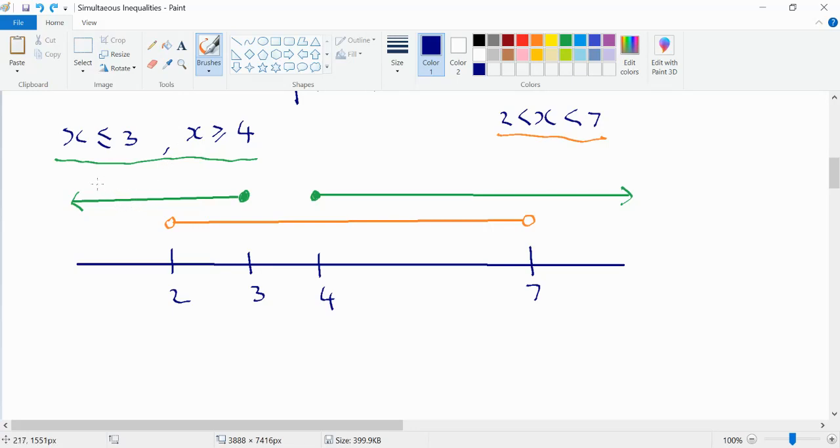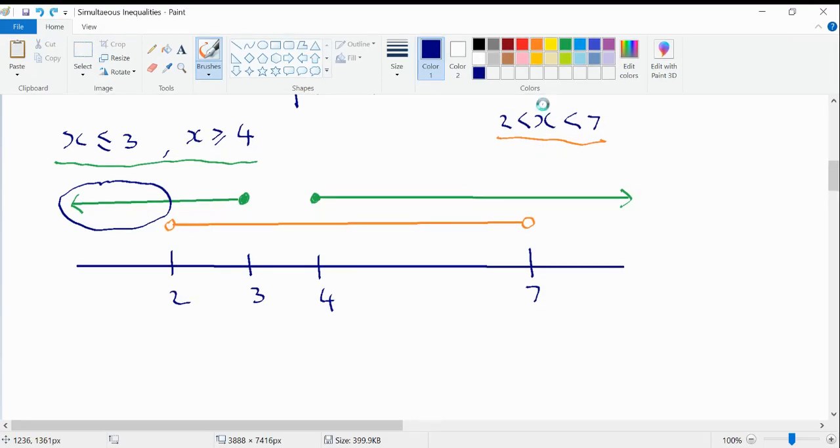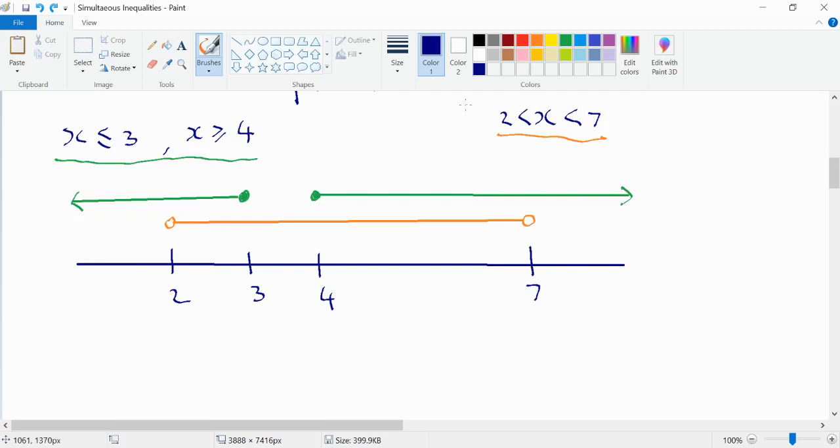Those values do satisfy one of the inequalities, x is less than or equal to 3, for instance, but they don't satisfy the other set of values we got from the first inequality. Therefore, we're not interested in these values because we only want the set of values that work for both sets.